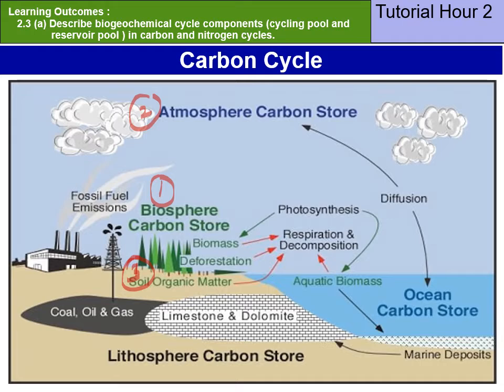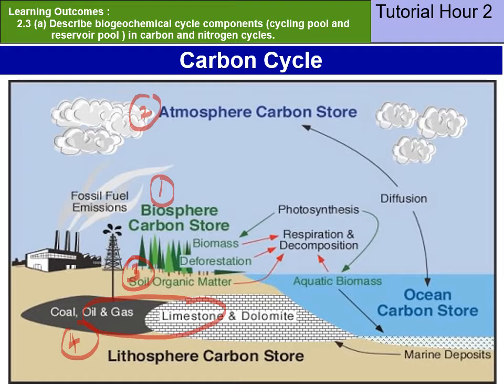And in the lower strata of the lithosphere, di bahagian bawah ni lah, so this one yang seterusnya lah, as fossil fuel and sedimentary rock deposits such as limestone and dolomite. So ini in the lower strata of the lithosphere.